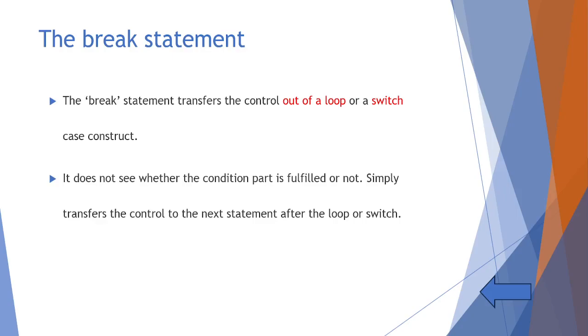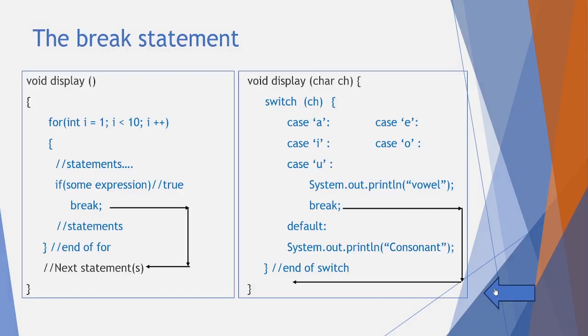Let's see two examples here. In a for loop, we have used break statement: void display, for int i equals 1, i less than 10, i plus plus. Nine times it is supposed to work, but some condition is there.